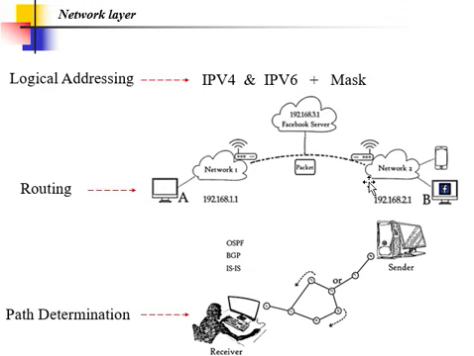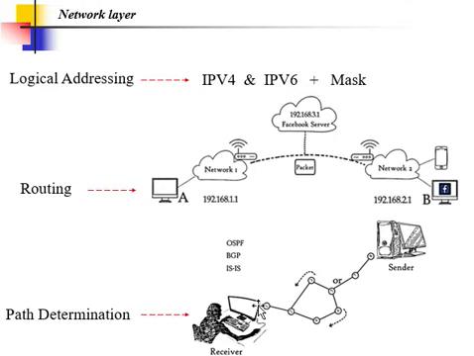The third purpose of the network layer is path determination. There are different paths between the sender and receiver. This layer, using different protocols, ensures where to send data fast, and also ensures the data is sent completely. The first protocol used in this layer is OSPF, Open Shortest Path First.